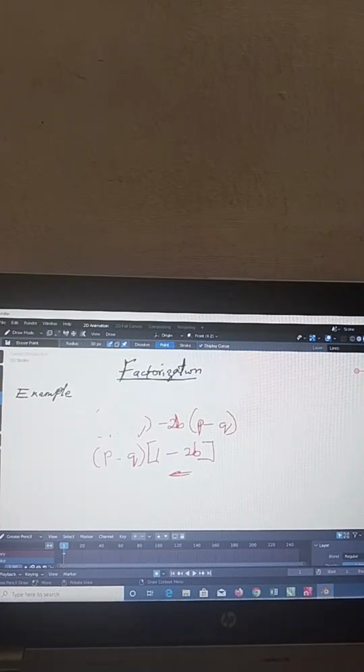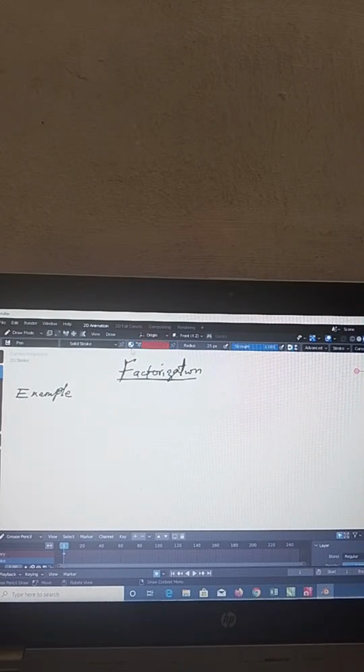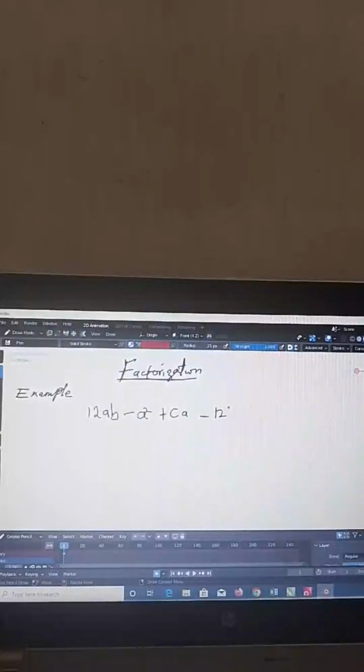Now let's give you another one before we go to the next question. Let me give you another one before I move to the next question on the board. So this question, I have this one. I have 12ab minus a square plus ca minus 12bc.